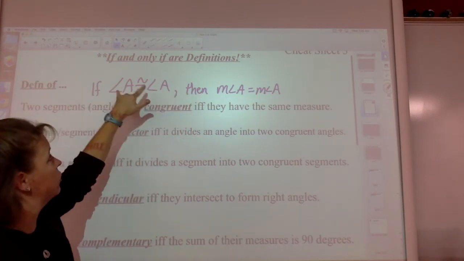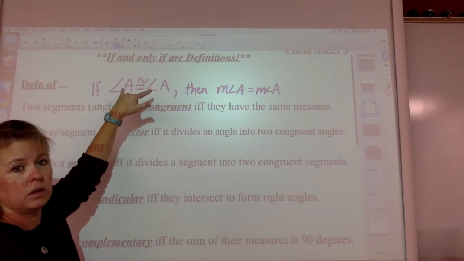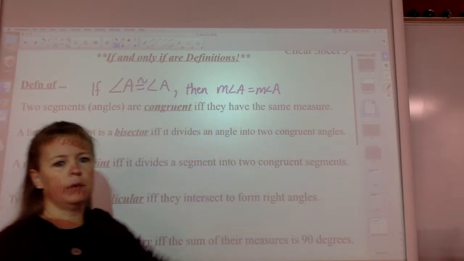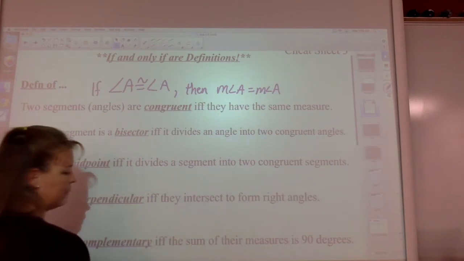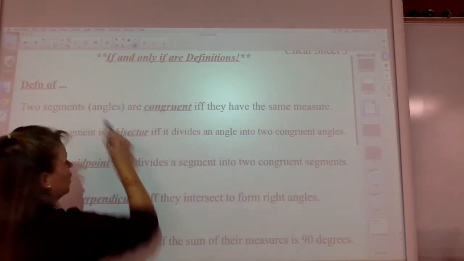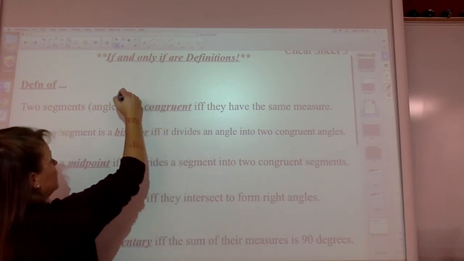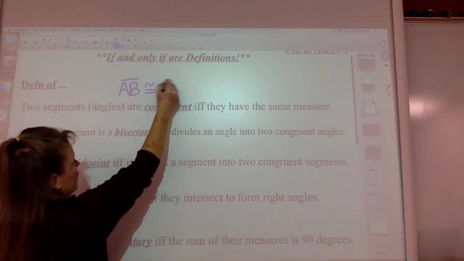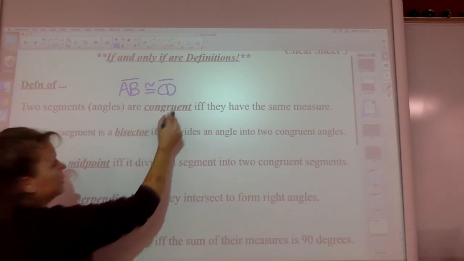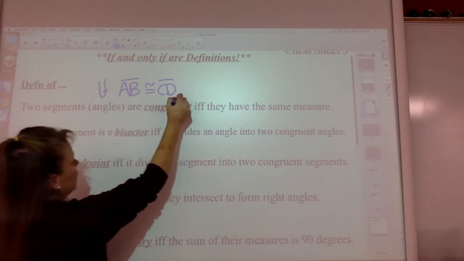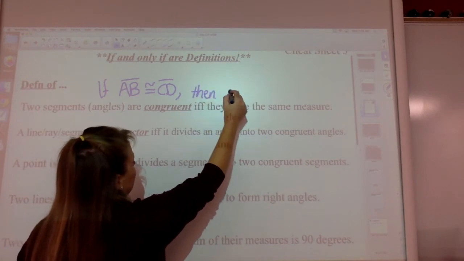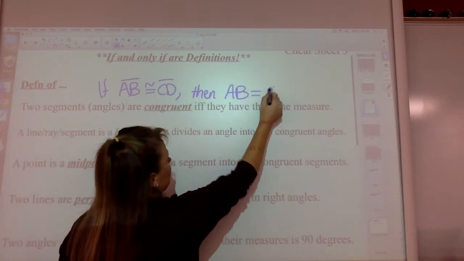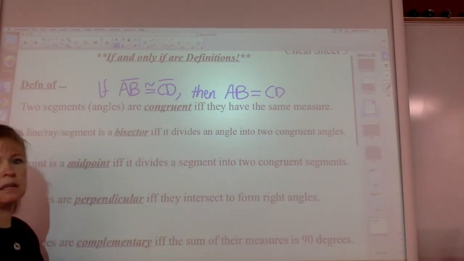You have to know that if you're talking about objects, you use congruent. If you're talking about how big those objects are or what their measure is, you use equal. Same thing with segments. If you said segment AB is congruent to segment CD, if two segments are congruent, then they have the same measure, so you would say the measure of segment AB equals the measure of segment CD.